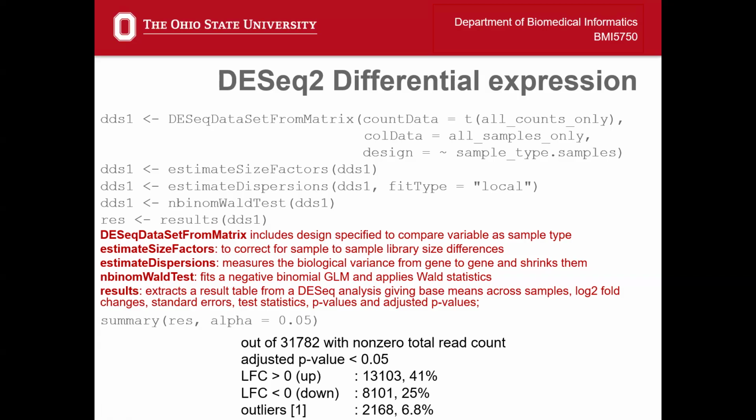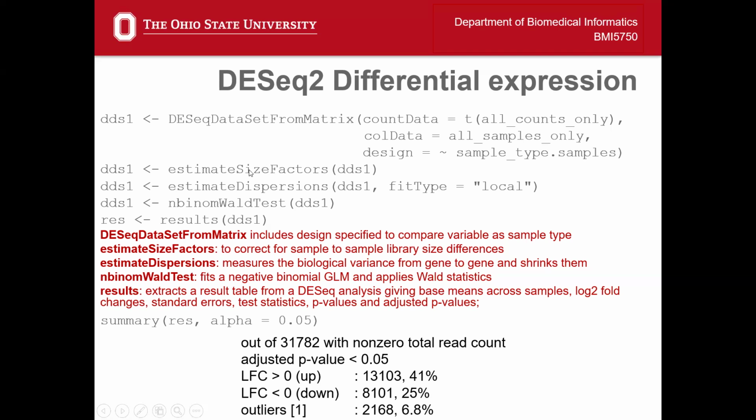And this means the number of reads for sample 1 compared to the number of reads for sample 2. We need to correct out those number of reads differences. And I'll talk more about that, but that's what estimate size factors does.